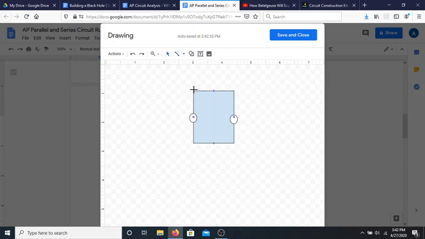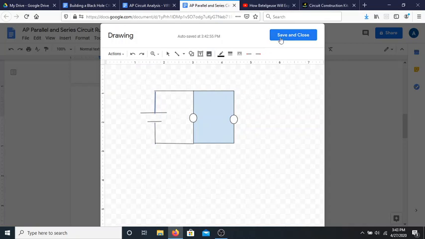And then I'm just going to draw the second part of the circuit. This is a symbol for a battery, by the way, in a circuit diagram. Sometimes you see two of them next to each other. Still, it means the same thing.